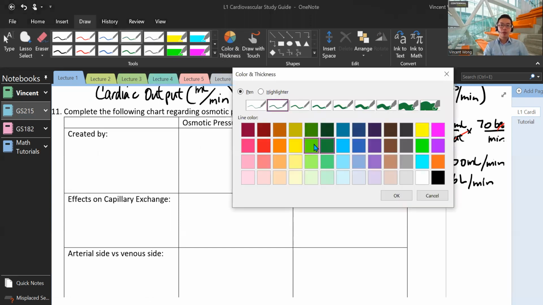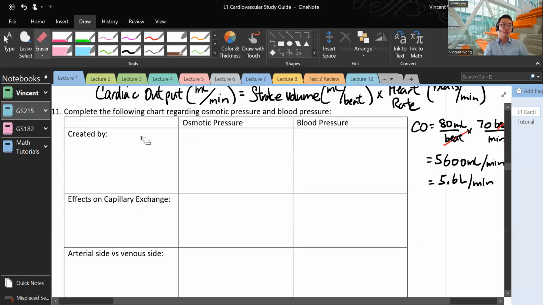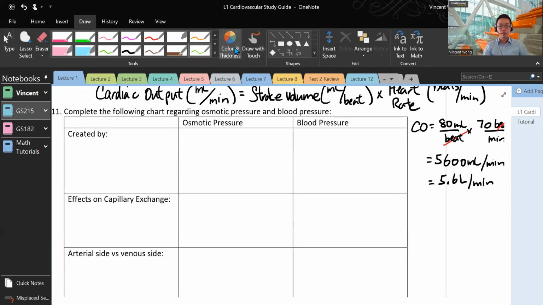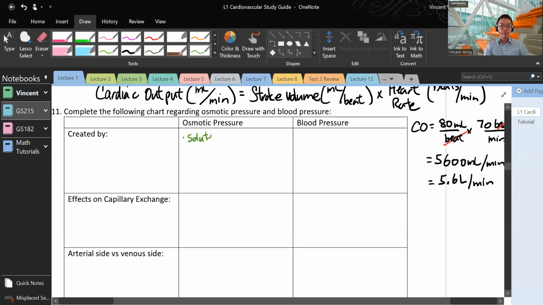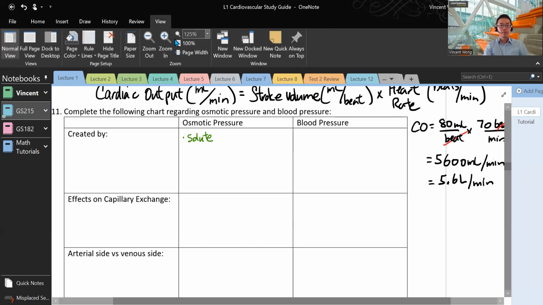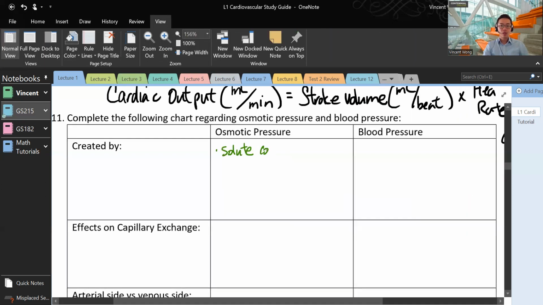So let's talk about osmotic pressure. What is osmotic pressure? It is created by solute concentration gradient. A gradient just means there is a difference between two points.